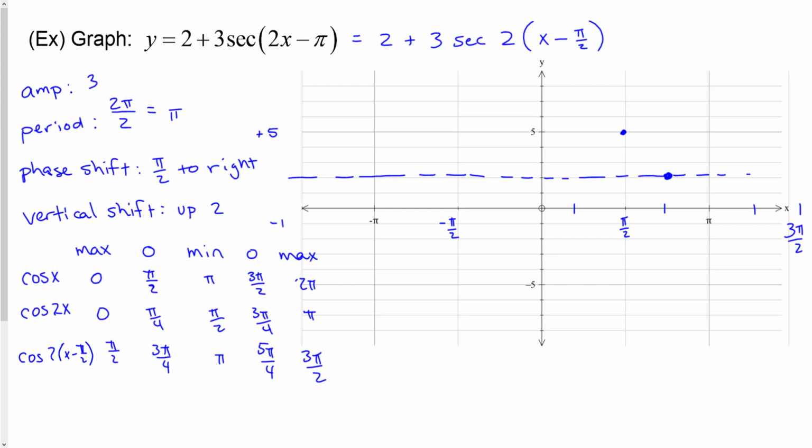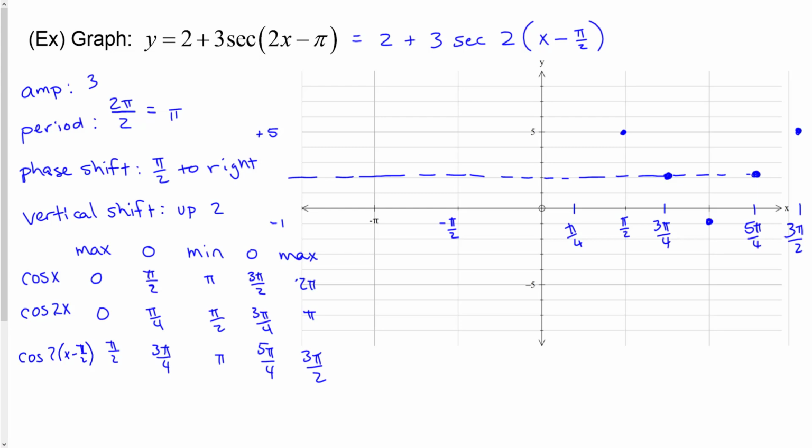At pi, we are down to our minimum, which is at negative 1, and then by 5 pi over 4, which is right here, maybe I should label these in so you can see them better. By 5 pi over 4, we're back to our horizontal axis. And by 3 pi over 2, we're back to our maximum. So that would be one full cycle of the cosine.